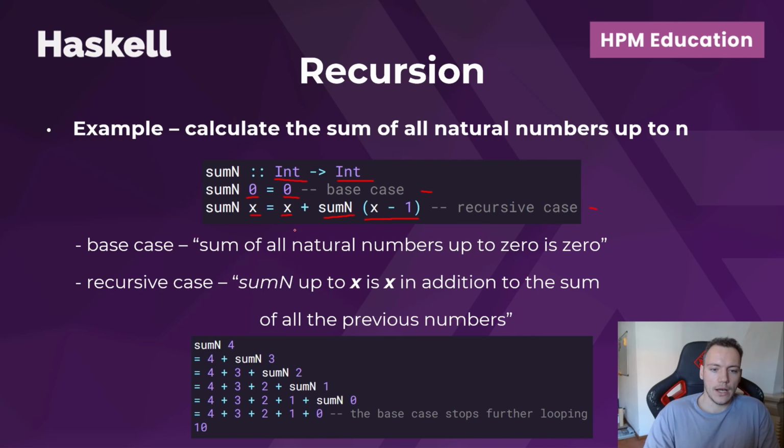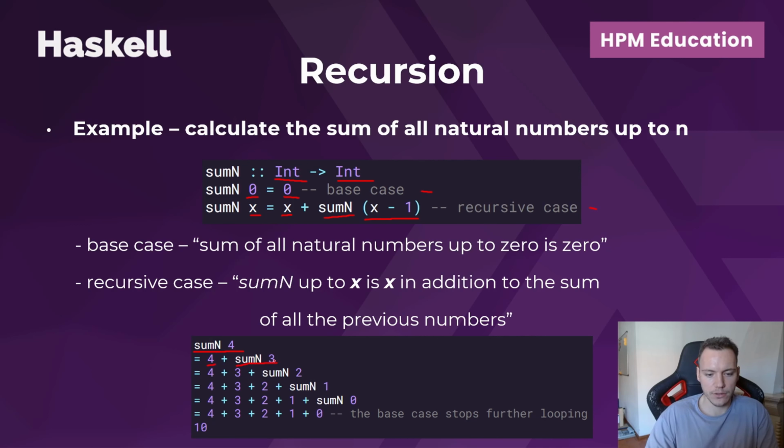Okay, so this might be a bit tricky to envision in your mind how it gets executed, but if we break it down here below, it might help. So let's say we look at sum n of 4. We say, okay, sum n of 4 is 4 plus whatever sum n of 3 is.